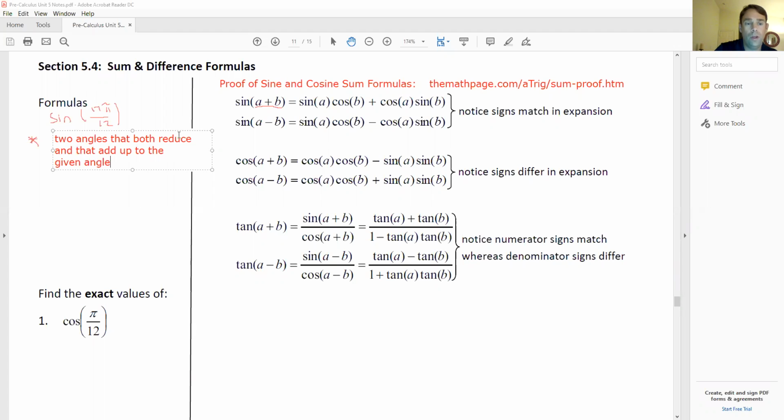In other words, we want two angles that will reduce, because if they reduce and the denominator is 12, it will end up being some angles on our unit circle. For instance, 17 pi over 12, two angles that would reduce to give us that would be 8 pi over 12 and 9 pi over 12.